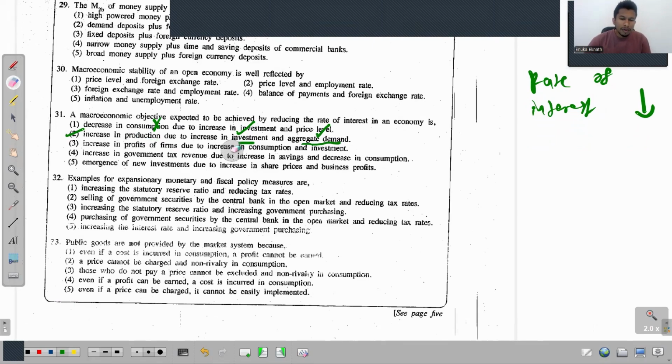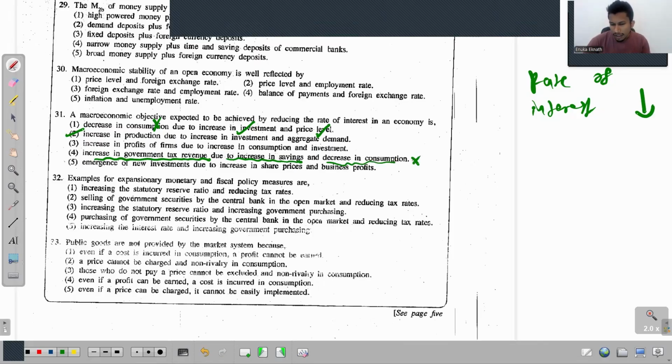But we will go through the other options as well. The third one says, increase in profits of the firm due to increase in consumption and investment. See that the profitability of a given firm depends mainly on their efficiency, so we can't select this to be the answer. Fourth one, increase in government tax revenue due to increase in savings and decrease in consumption.